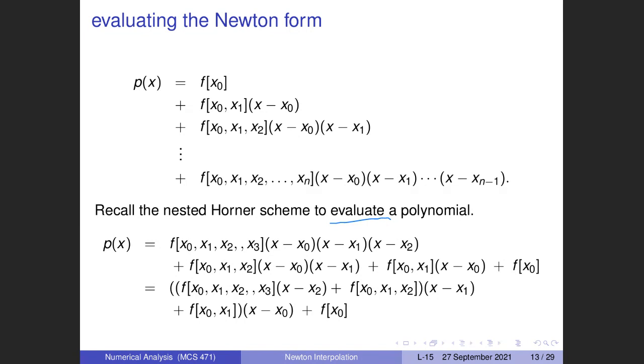Very specifically, we have n additions. Here we have a polynomial of degree 3. We have 3 additions, and we have 3 multiplications. And because we work here with the interpolation, we have 3 extra subtractions.